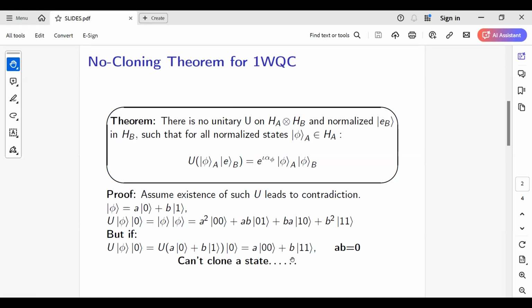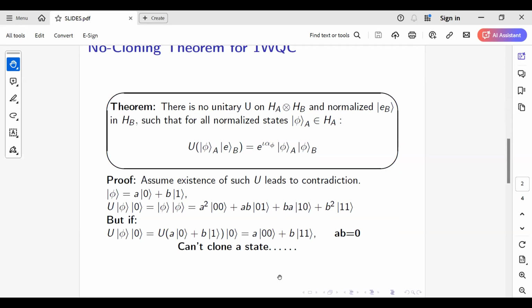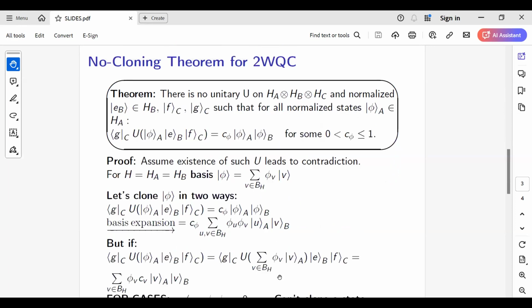When it acts on 1, it should produce a copy of the state 1. Now, if I compare both of these equations, I get AB should be equal to 0. But AB can't be equal to 0, because in that case either A or B would be equal to 0, which means that we can't actually clone a quantum state in the case of one-way quantum computing.